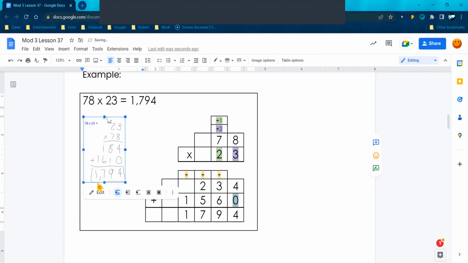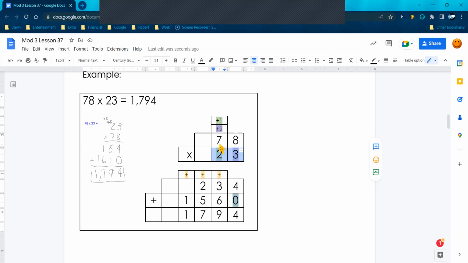So 1,794. Look, we got the same answer. So again, you pick the number you're more comfortable with multiplying by, and you put it here. And then you put the other number up here. It doesn't matter which way you do it. You get the same answer as long as you're doing the multiplication correctly.